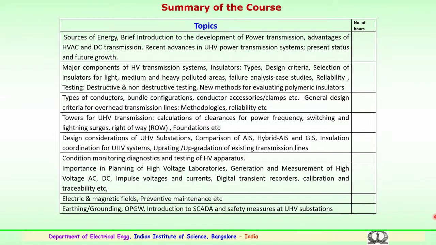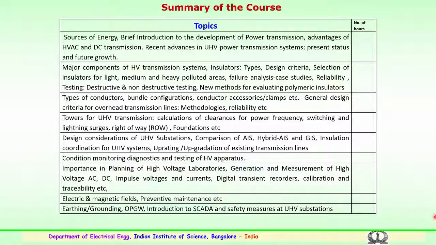And very briefly we discussed the importance of foundations for the towers, various types of foundations which are generally used. Then we looked into the design criteria of the UHV substations, ultra high voltage substations. We have tried to compare the air insulated substations and the hybrid air insulated and gas insulated substations.